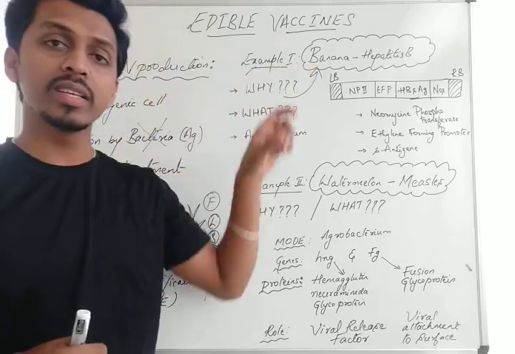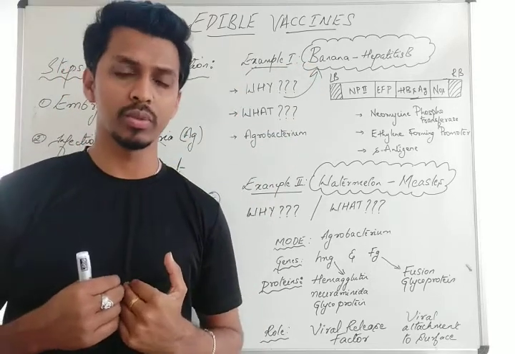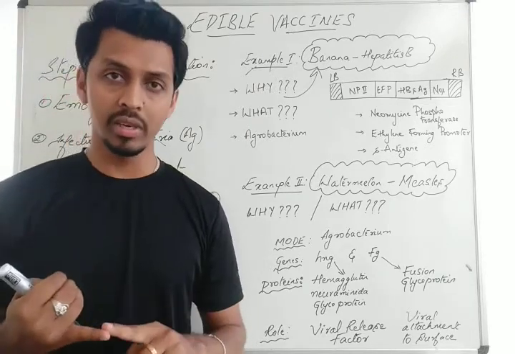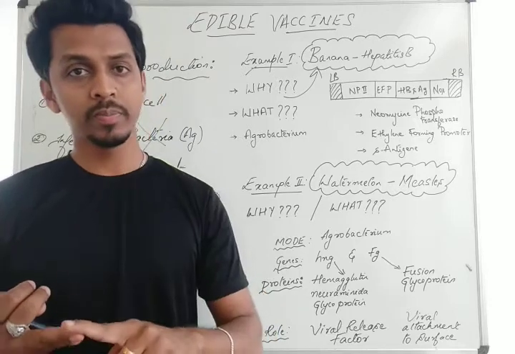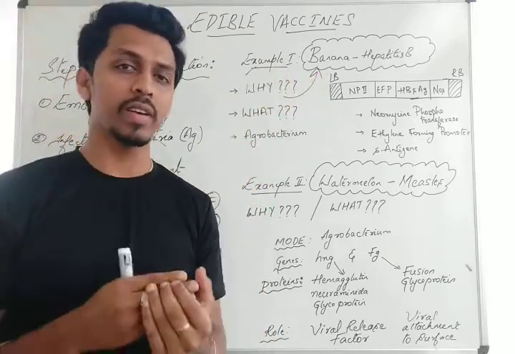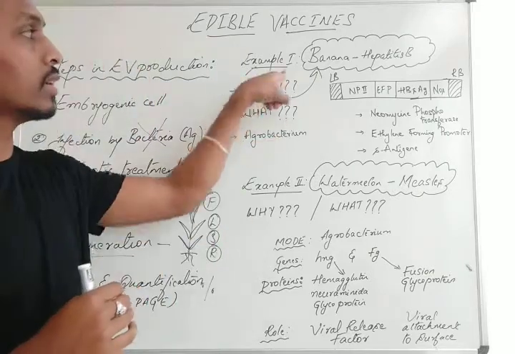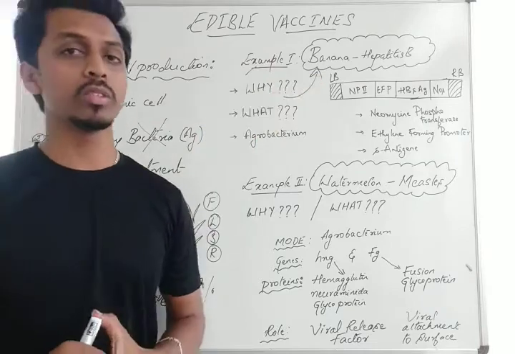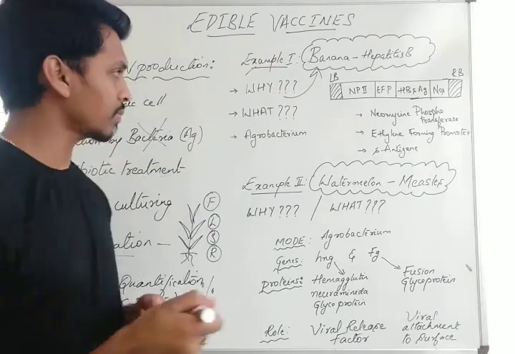No part of banana is consumed in the cooked form, so it is always consumed in its raw form. So easy availability worldwide, it's quite cheap, and what we eat is in the raw form. So these are some of the key factors for choosing banana, and hence we use banana as an edible vaccine.